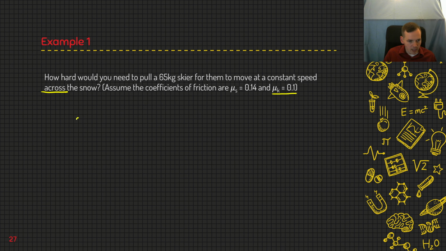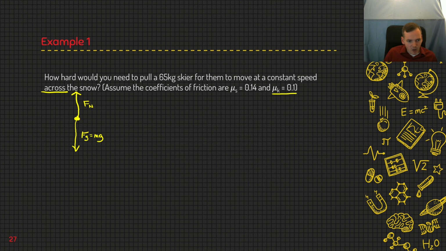So let's draw a free body diagram for this situation. We know that basically always we're going to have this downward force of Fg, and that's because we're always going to be near the Earth, so it's pulling down. Now I know this skier isn't moving up or down, so I also know they have to have some upward force that's equal in magnitude, and that's our Fn, because the ground's pushing up on the skier.